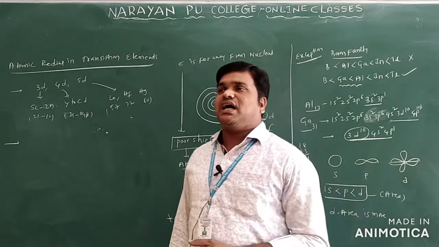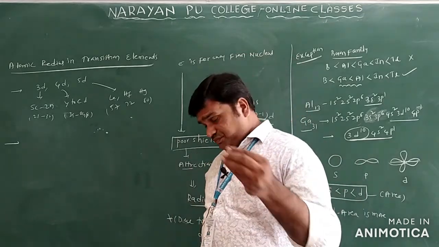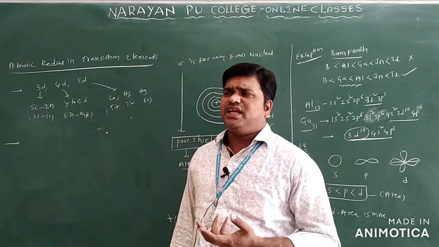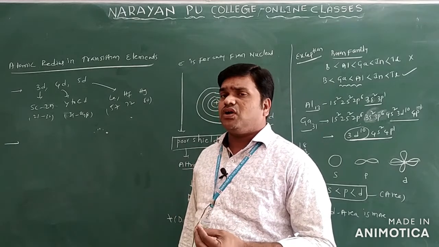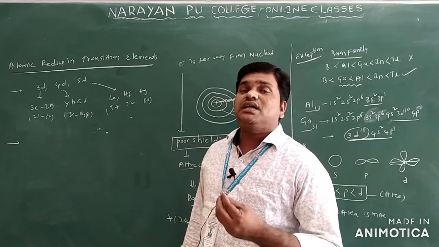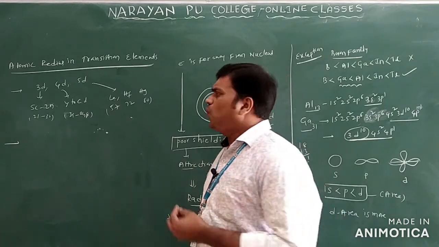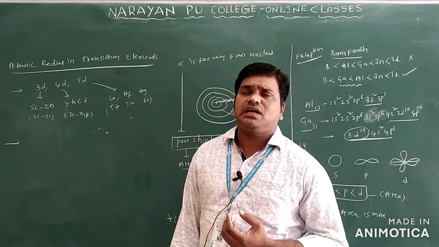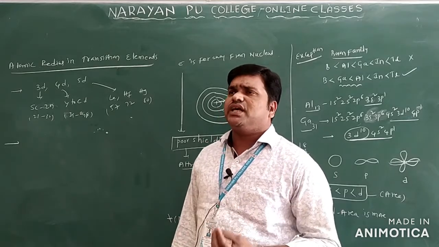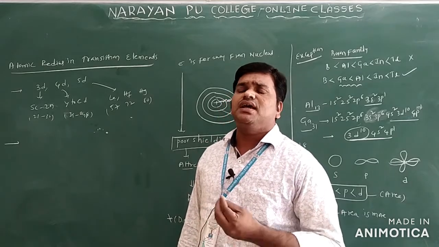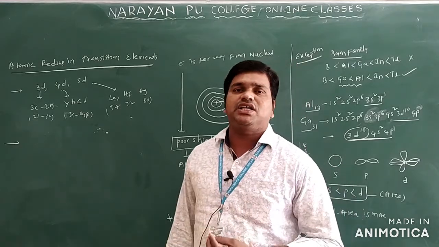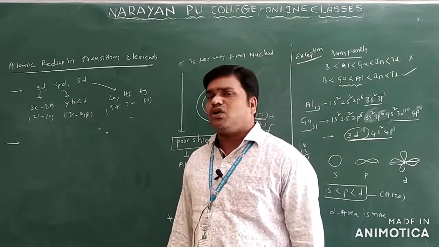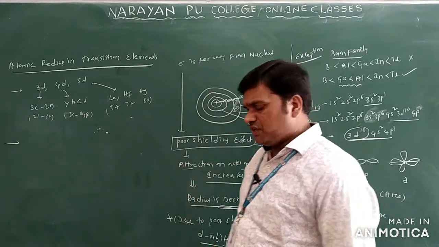There is a decrease in atomic radii in the 3d, 4d or 5d series, but it does not follow a regular trend. Why? Because of the poor shielding of n-1 d orbitals only. We will discuss this concept in transition elements.